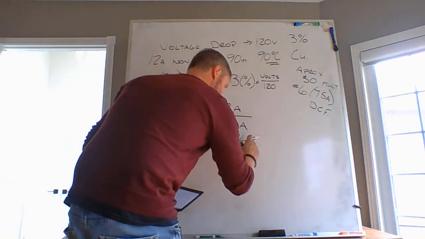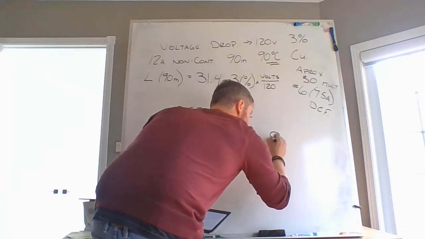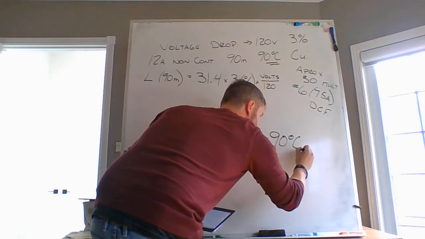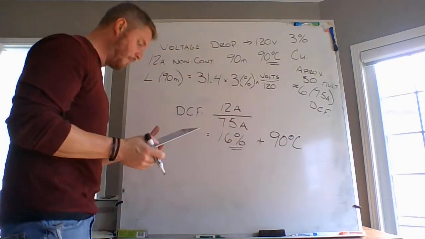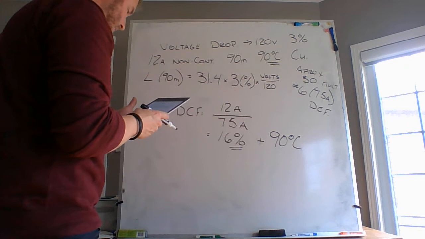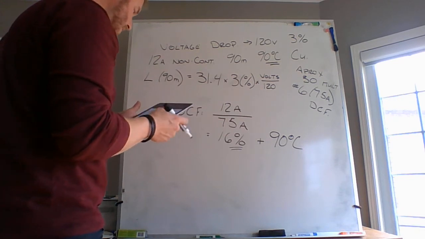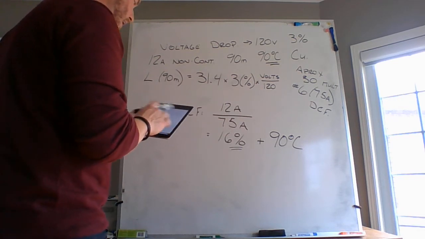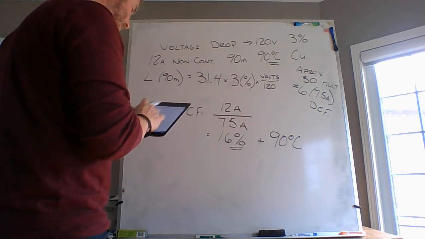Okay, so I use those values, and I say that I'm using 16% consumption of that conductor, and now I want to take that value plus the 90 degrees Celsius rating of my conductor and go back to Appendix D to figure out what my distance correction factor multiplier would therefore be.